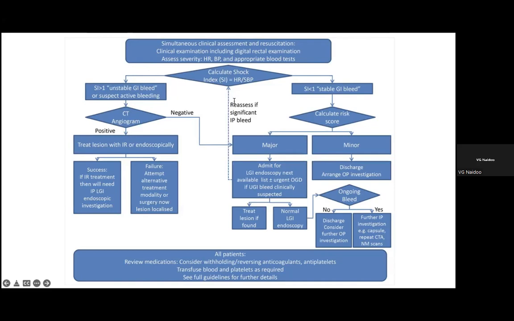So I think they can be quite a challenge, and we really haven't spoken too much about the small intestine. For small intestinal bleeding, there is an approach there as well, and plenty of it will center around whether you're able to do a video capsule endoscopic examination.